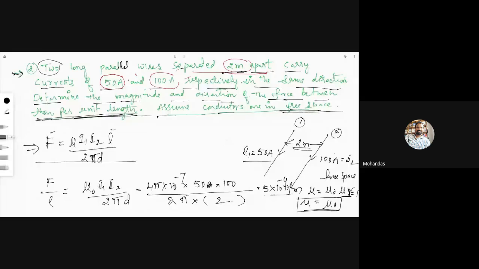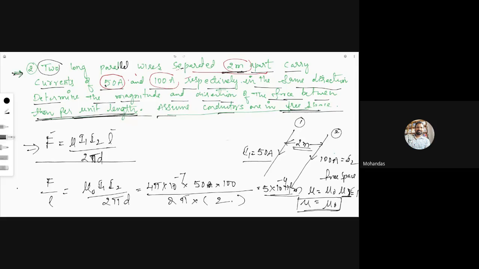So, remaining students, note down this problem and practice this problem. Take a screenshot of it also for your reference. Completed?